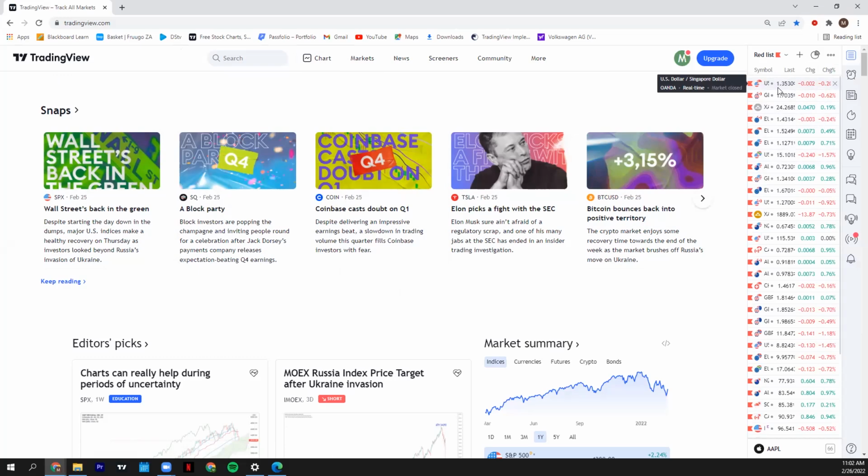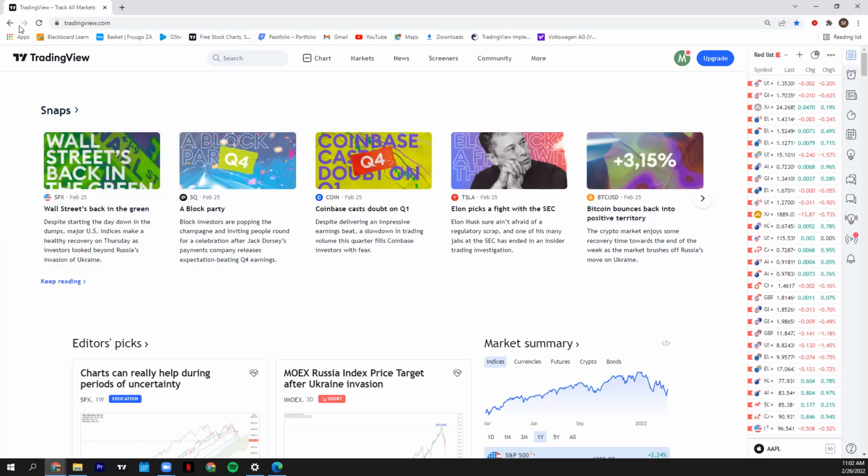So basically silver and gold. I'll be looking at euro Canadian dollar, euro Singapore dollar, as well as the euro against the US dollar. All these things influence gold prices as well, so they should align and go hand in hand with each other.